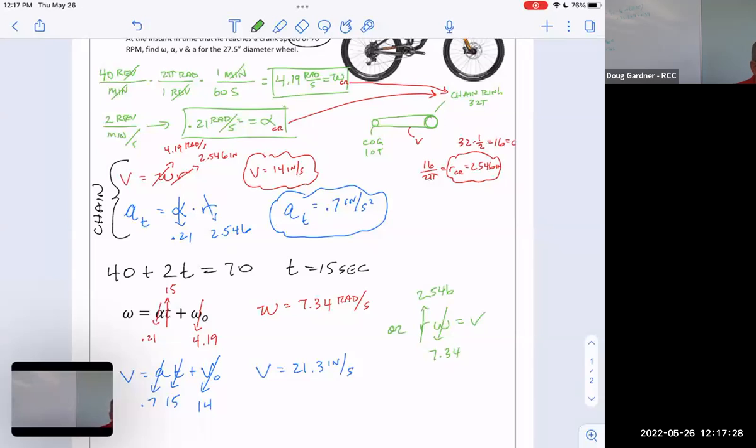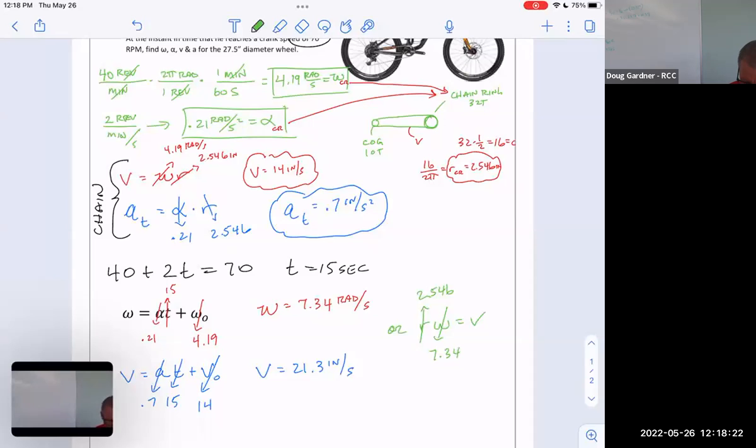I'm getting a different answer. Why am I getting a different answer? Shouldn't it be the 7.34 times the 2.546? But I'm getting a different answer.